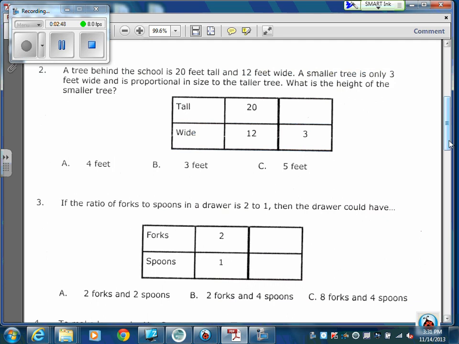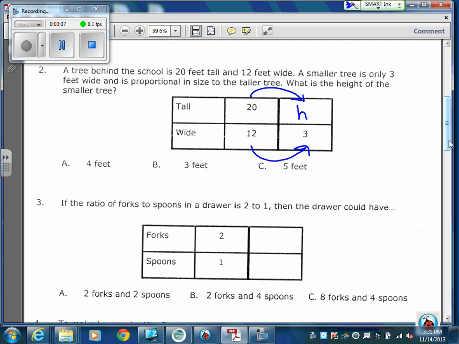So we're looking for what is the height. Well, again, I'm looking at how do I jump from 12 to 3? Well, I can divide by 4. The problem is that scale factor is multiplying.